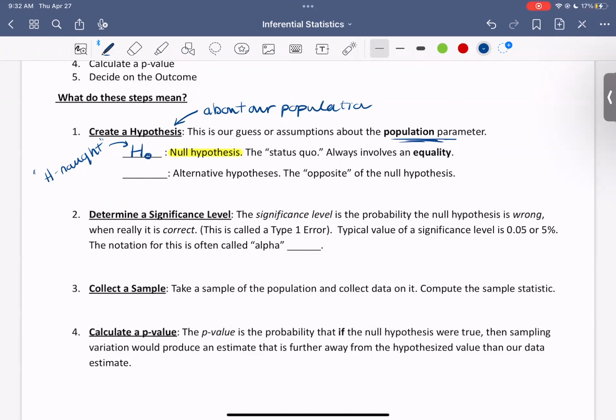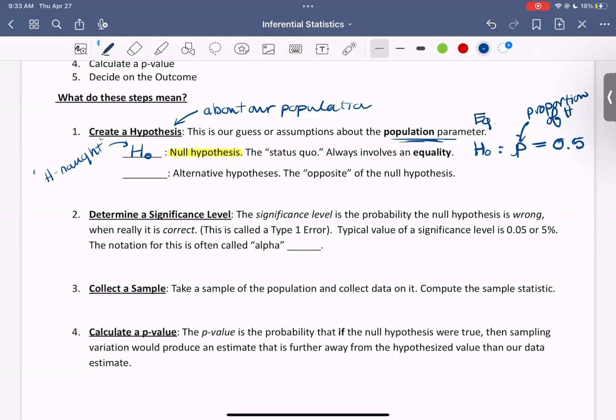So we might collect data on the proportion of heads that come up for this coin. That null hypothesis would look like P, the proportion of heads, should be equal to 0.5. 50% of the time, we should get a head. This is just an example.